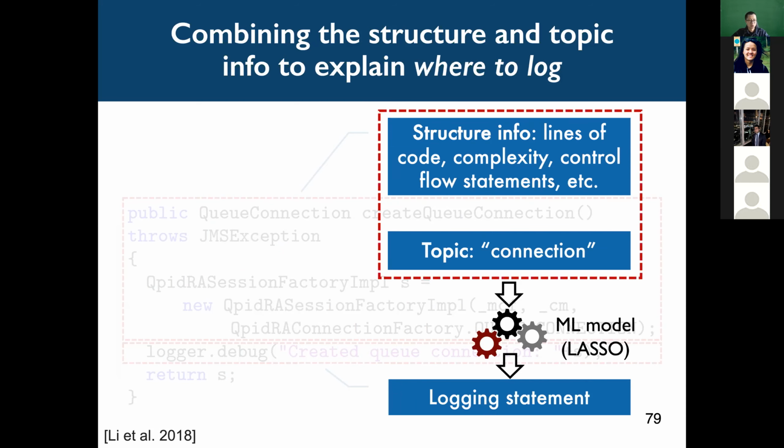With this model, we predict whether a code snippet would need a logging statement. This model achieves an AUC of 0.87 to 0.99. It's a very high AUC.